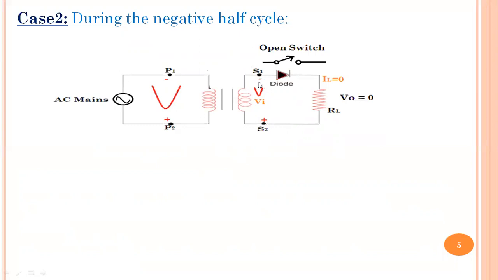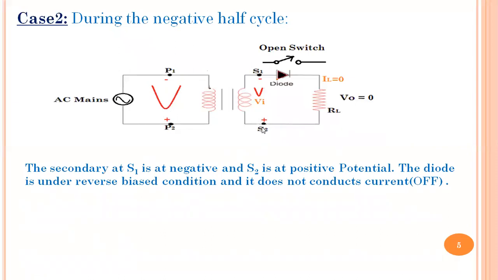S1 becomes negative voltage, S2 becomes positive voltage. Therefore, the input voltage VI, if you observe, is the same nature of AC, only the voltage level is decreased, right? So during the negative half cycle, the anode of the diode at terminal S1 remains at negative voltage with respect to the cathode, which is at a positive voltage with secondary terminal S2.